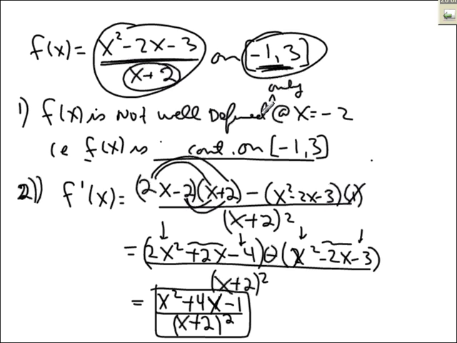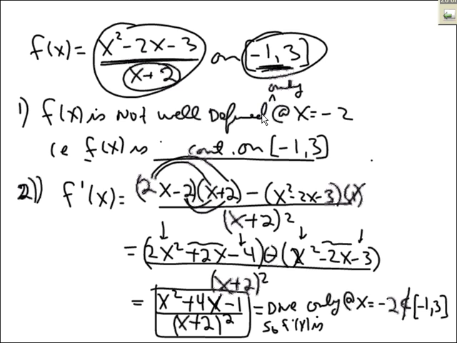Okay, so it does not exist only at x equals negative 2. So negative 2 is not in, that's what that symbol means, it's not in negative 1, 3. So f prime of x is differentiable on negative 1, 3. So condition 2 has been met.